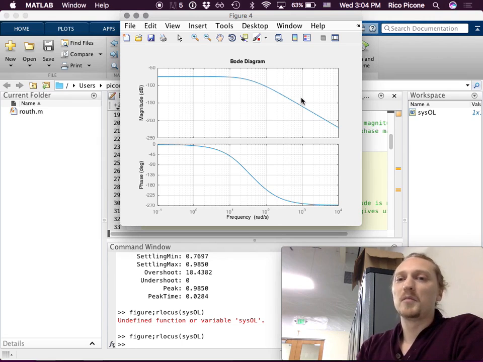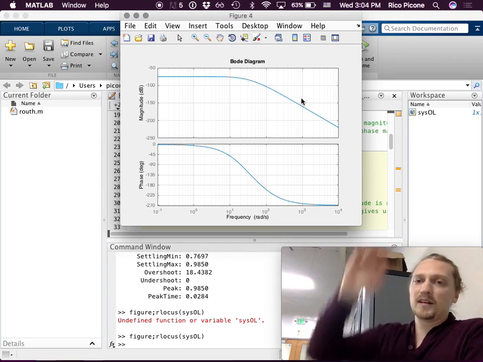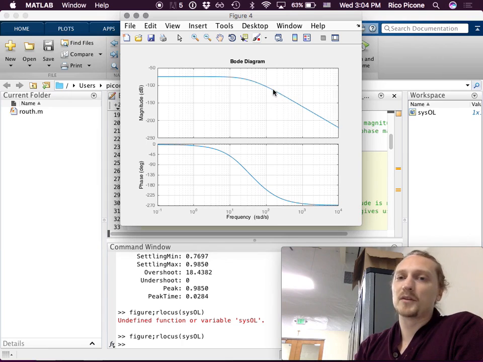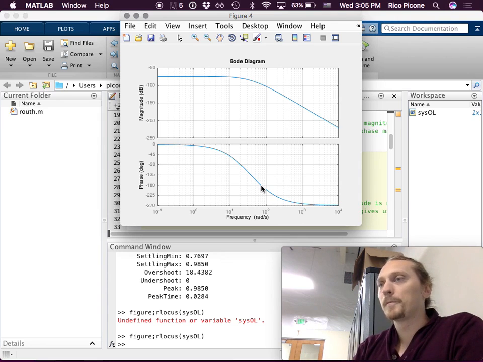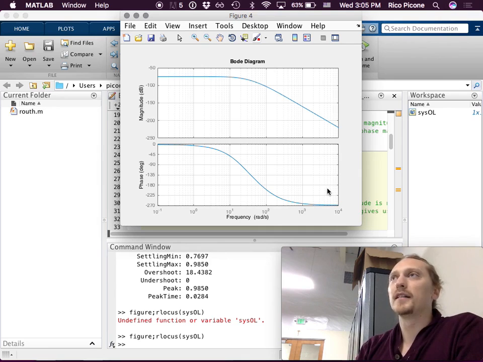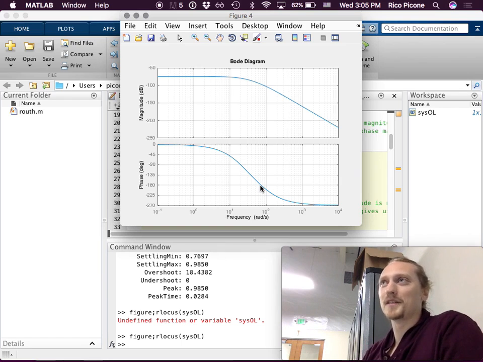So if you keep moving this magnitude plot up with the gain, then those axis crossings will occur further to the right. And that means that your phase margins will be measured further to the right. So when you're at frequencies higher than whatever this is, looks like it's like 80 radians per second or something, 80 radians per second and higher, if your 0 dB crossing is there or higher, you're going to be unstable.